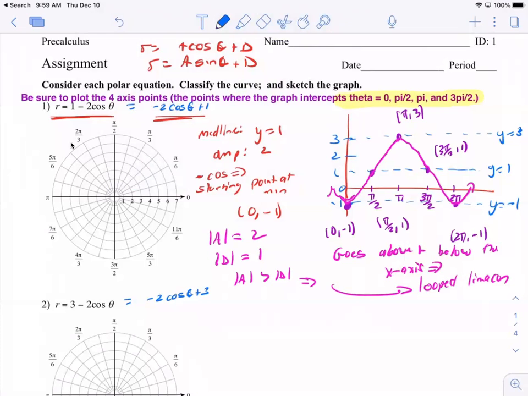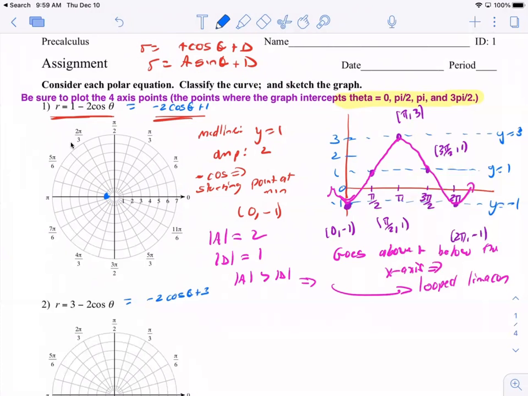So we're going to graph 0, -1. If we were at 0 with a positive r, we would go in the positive direction, but with a negative r, we actually go out towards pi. So we plot that point.